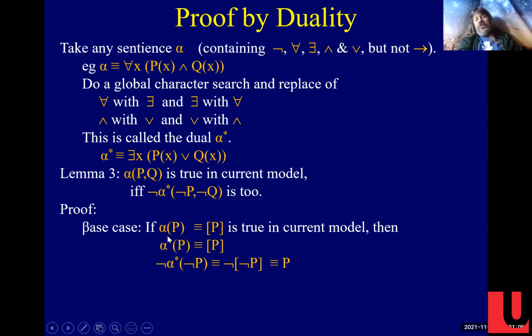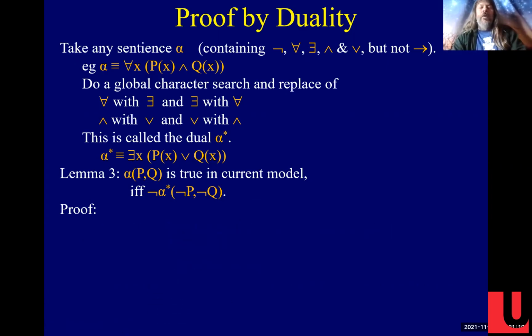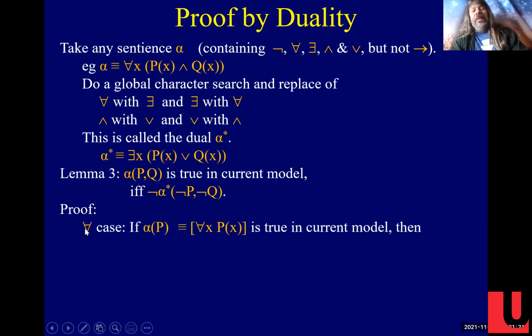So it's just trying to work out what this is saying when alpha of p is simply p all by itself, and all it does is introduce two negations and they cancel. All right, so now let's have a case when we have some big sentence and the outside is a for all. So alpha(p) is something like for all x p.